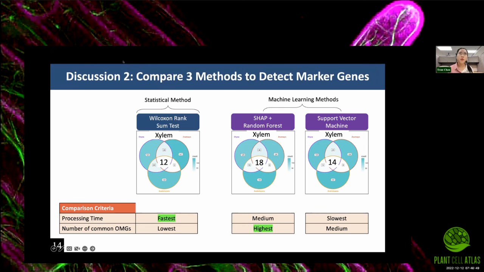Actually, for this one, we use the list of marker genes from the published data to identify the cell type for all the species. And then we use that to train the machine learning model. So each cell type corresponds to a class in the machine learning model.